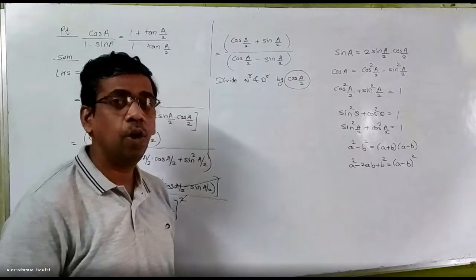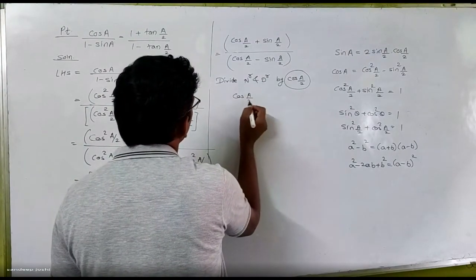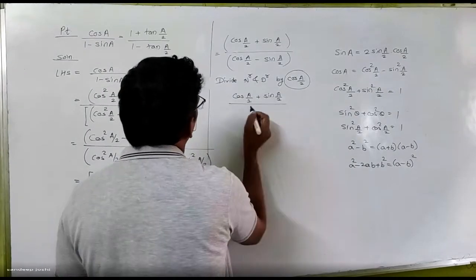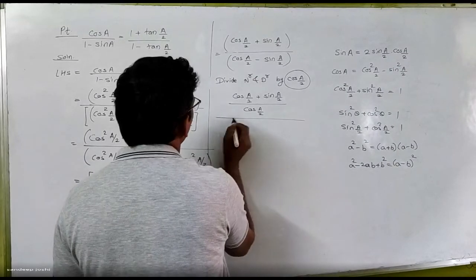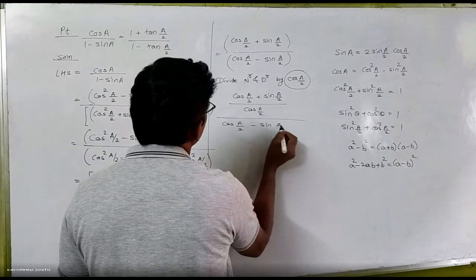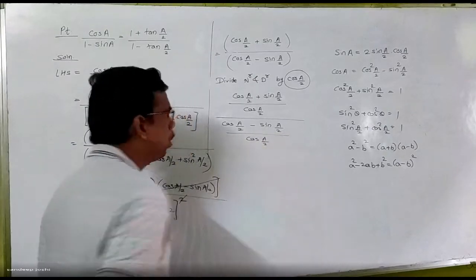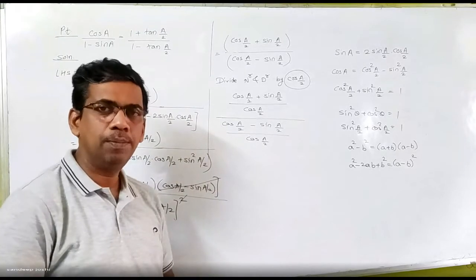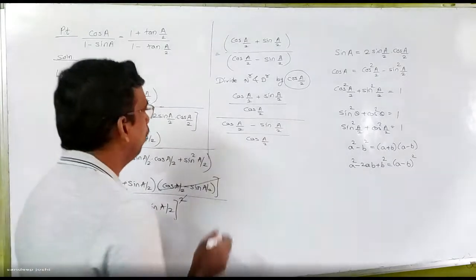We are having cos A by 2 plus sin A by 2, whole divided by cos A by 2 minus sin A by 2, and divide numerator and denominator by cos A by 2. So dividing the complete numerator and complete denominator by the term, divide and rule, split them apart.